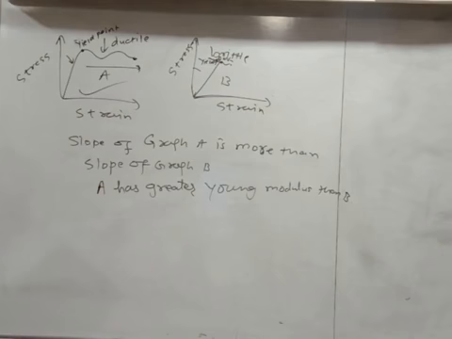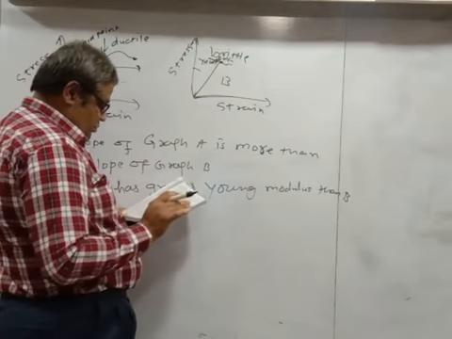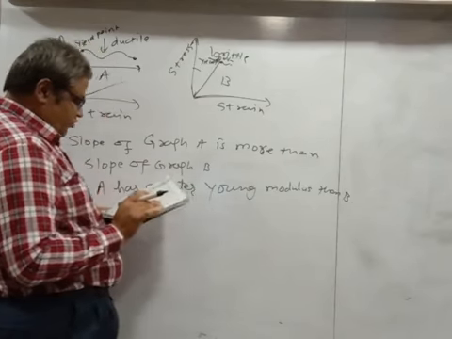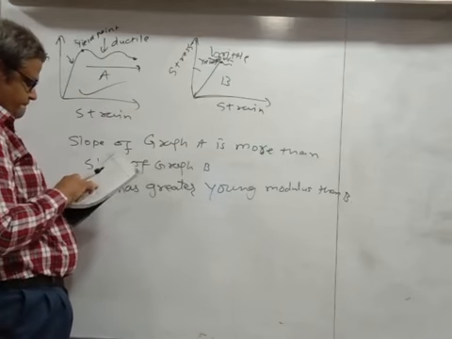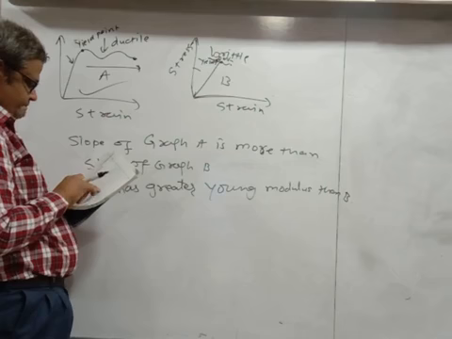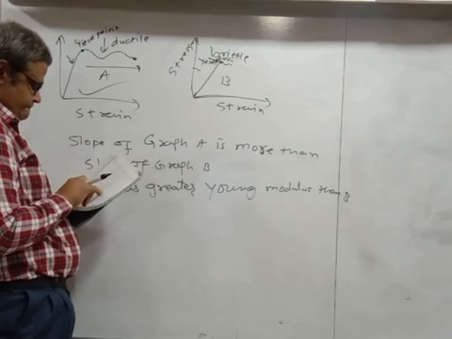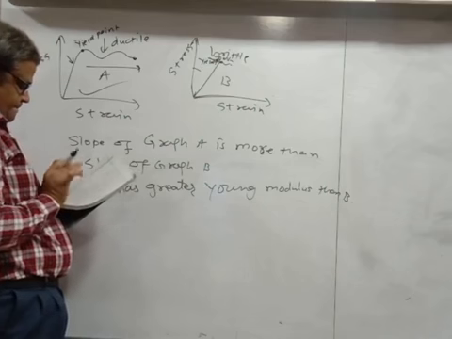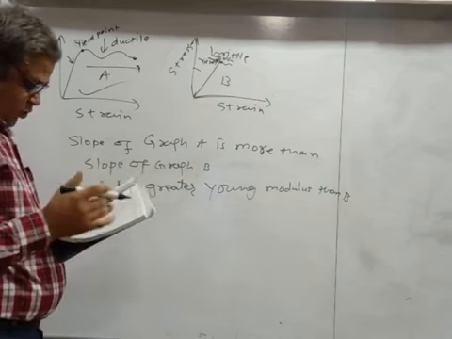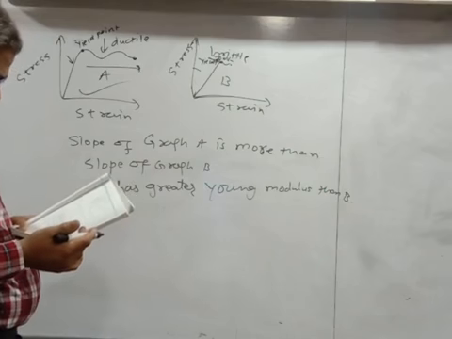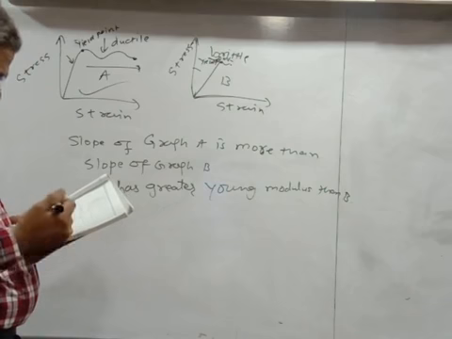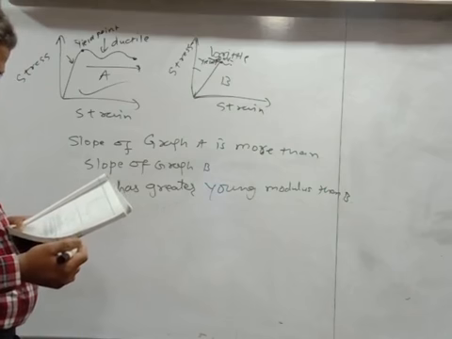Just a minute. This is ductile, stronger material. But which of the two is the stronger material? In which sense are you saying stronger?